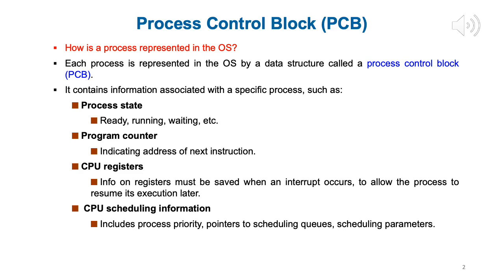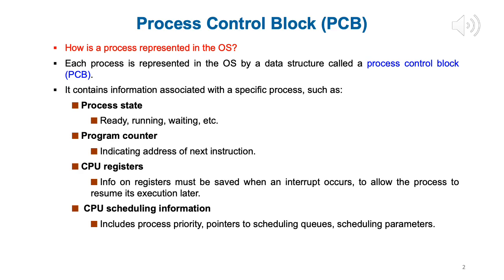So at all times for a process, you need to know from which memory address we should fetch the next instruction. So we saw that in that hardware example that we looked at in chapter number 1, right? So the program counter value has to be stored.